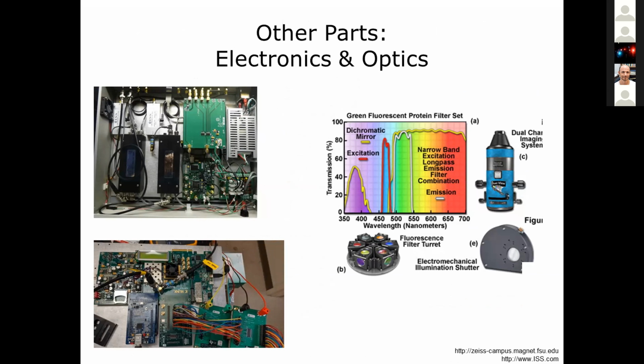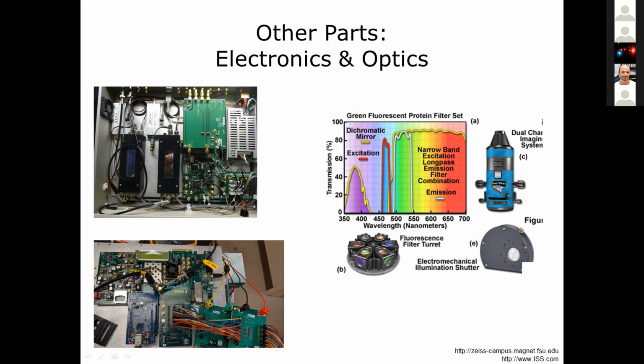To handle the data, for example for lifetime measurement, we use the Flimbox, and these two technologies are based on Spartan 3 and Spartan 6. These are ISS Flimbox that can handle the lifetime measurement. And this is the new technology based on the Kintex, which is a Spartan 6 card.